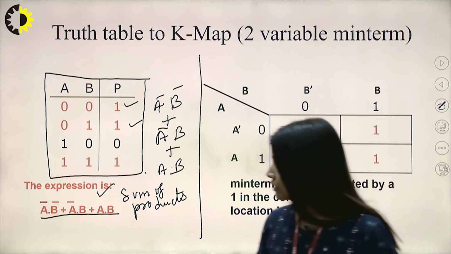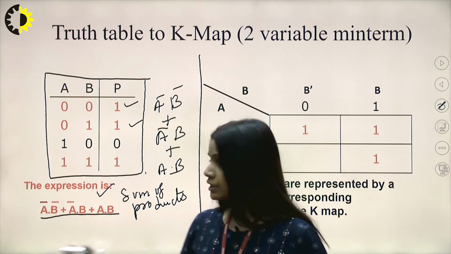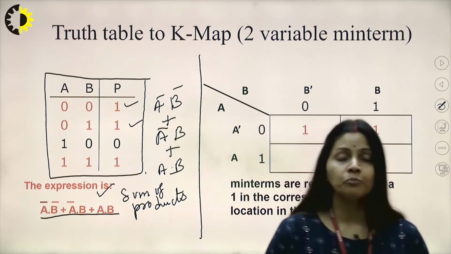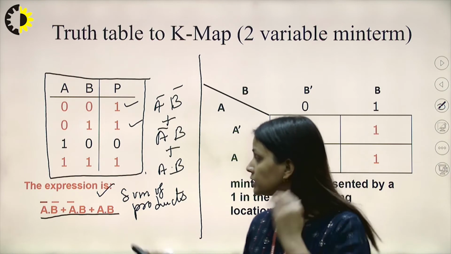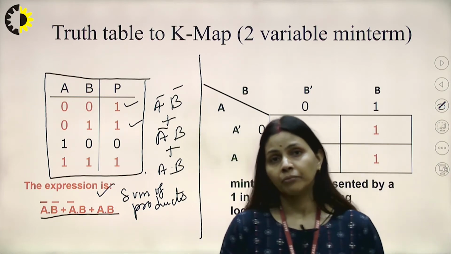Now this particular expression I need to minimize. If I need to minimize it, then I need to make the K-map, right?